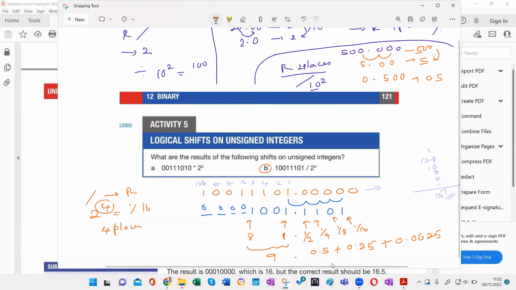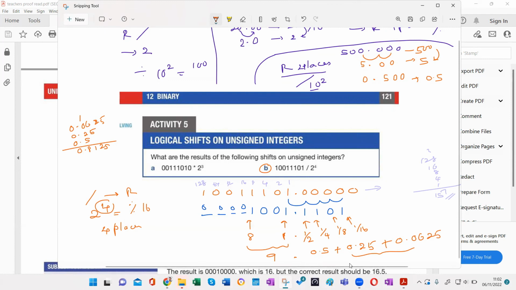Okay, now add them. What do you get? 0.0625, 0.25, and 0.5. That gives 0.8125. And here we have 9.